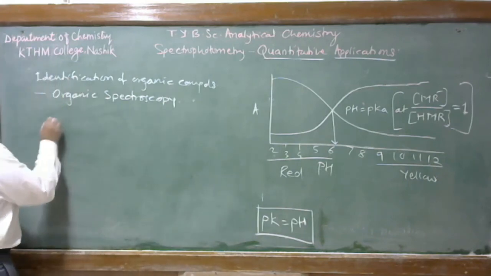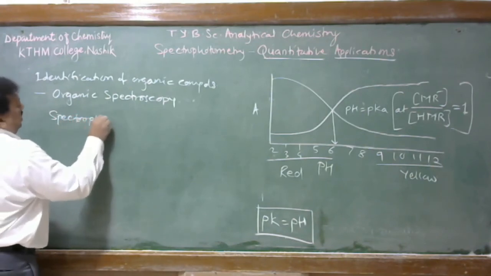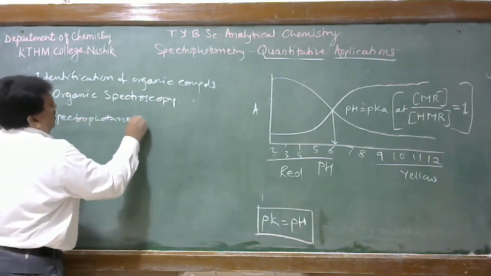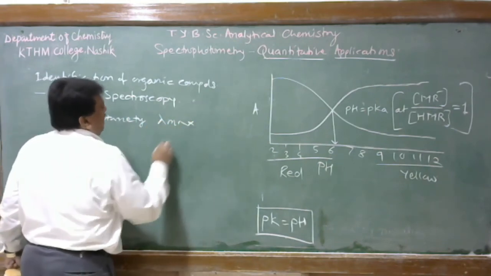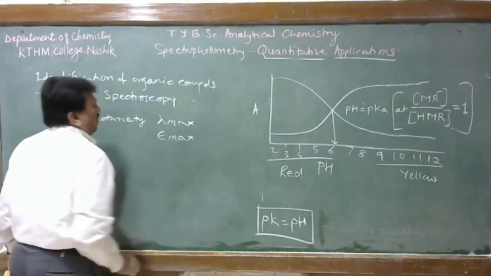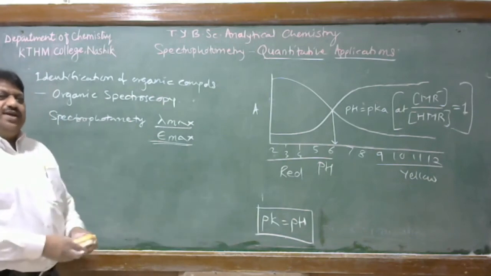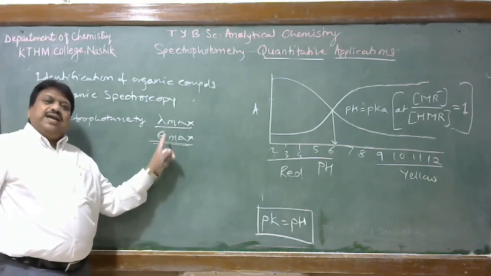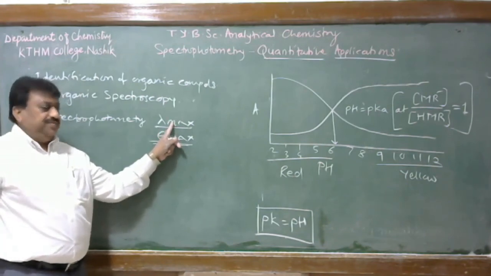But in spectrophotometry, only lambda max, that is the wavelength of absorbance, and epsilon max are utilized for identification of that compound. Therefore, we can identify organic compounds by their wavelength of absorption.